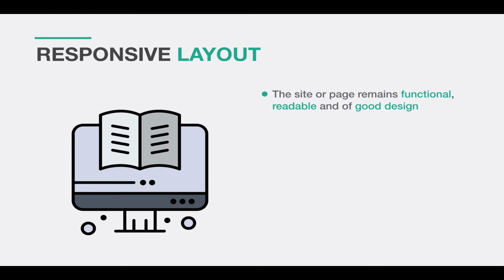We don't have elements overlapping each other. We don't have text that stretches so far that it's really hard to read. We don't have text that's shrunk down so you can't see it. That's what we mean by responsive. All important elements should remain usable and readable.